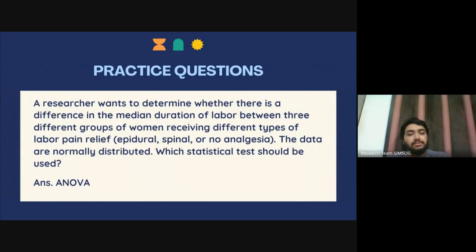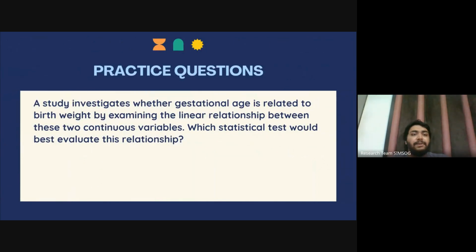The last question, if anybody wants to try, it's a simple one, related to what we discussed at the start. A study investigates whether gestational age is related to birth weight by examining the linear relationship between two continuous variables, two quantitative, and they want to find the strength of the relationship. What is the statistical method?